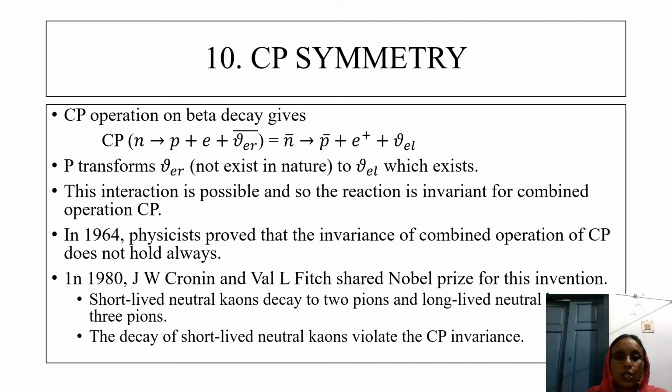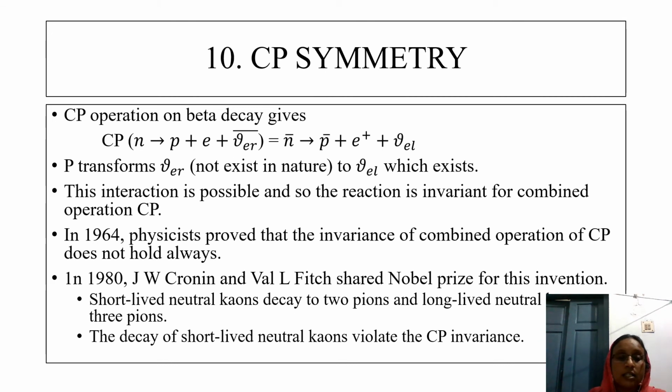So you get anti-neutron decayed to antiproton plus positron plus electron neutrino, which just moves like a left-handed screw. This interaction is a possible interaction.